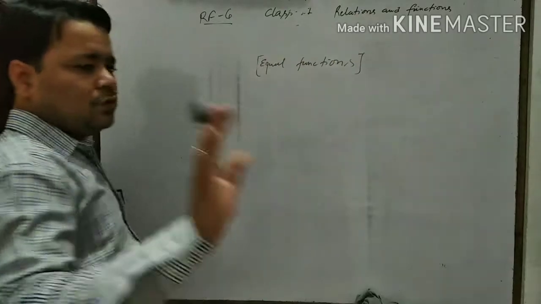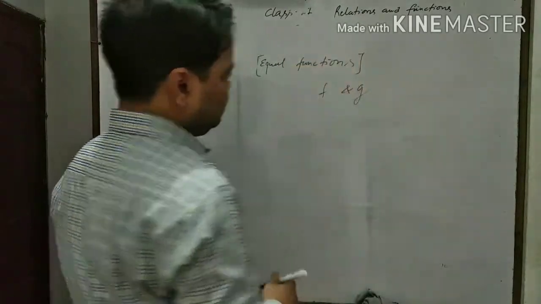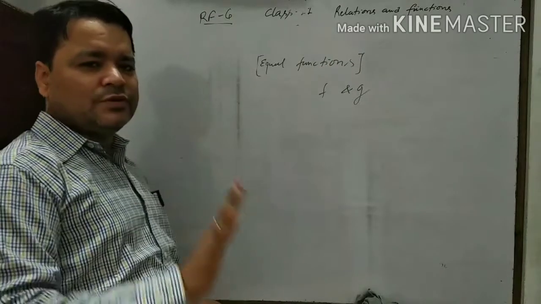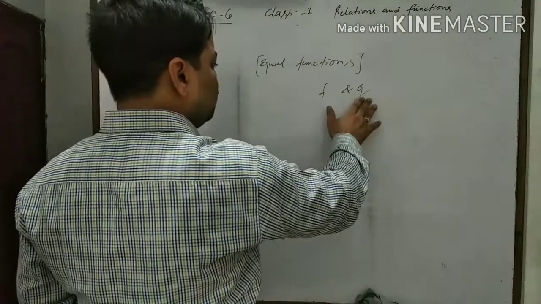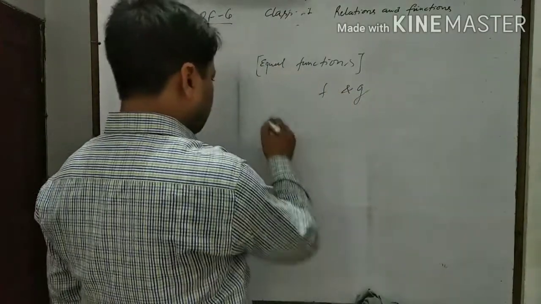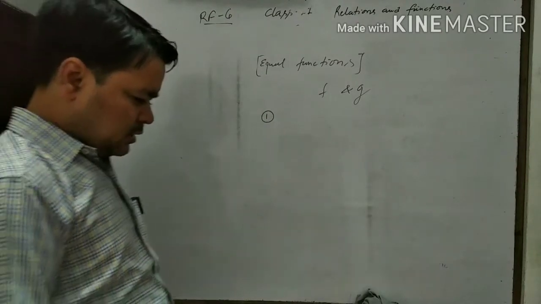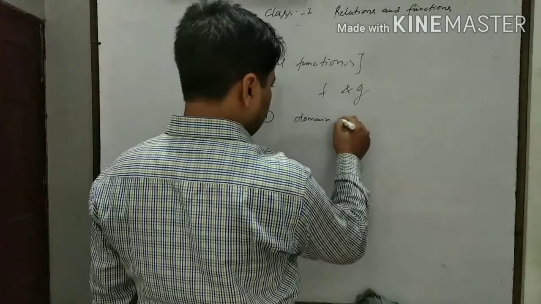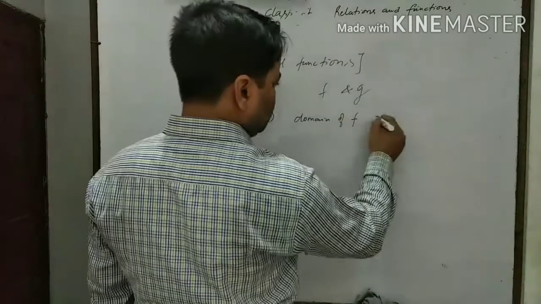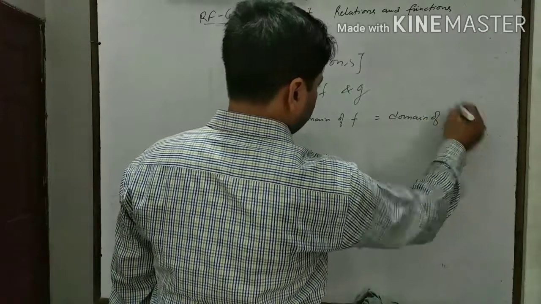If we have two functions f and g, then the two functions will be equal if, first, the condition is that the domain of f should be equal to the domain of g.